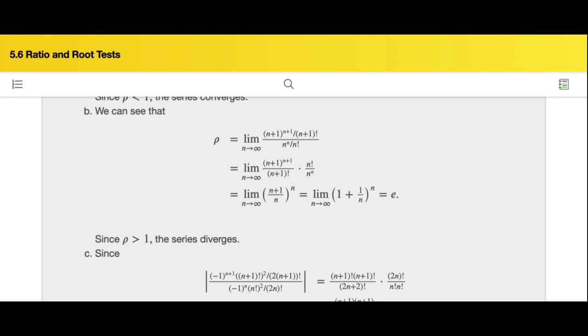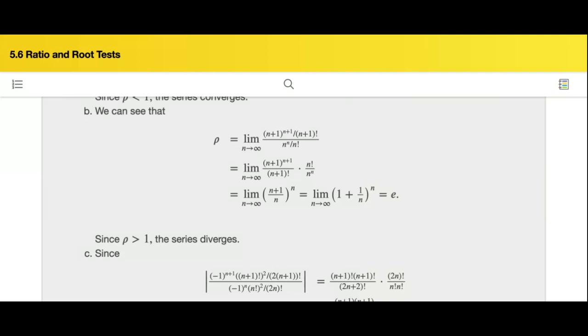And remember, limit and power can be switched, right? So for the limit of an expression with a power, we can take the limit of the expression, then raise it to the power.